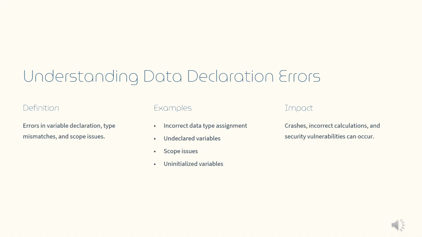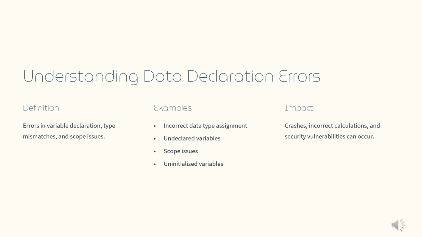We have understood what is pair programming. So now our task is to understand what data declaration errors are. It is a type of error involving variable declaration, type mismatches, and scope issues. For example, data declaration errors occur when there is incorrect data type assignment, like assigning a character to an int object, and also undeclared variables, scope issues like using a local variable in another part of the program, or uninitialized variables.